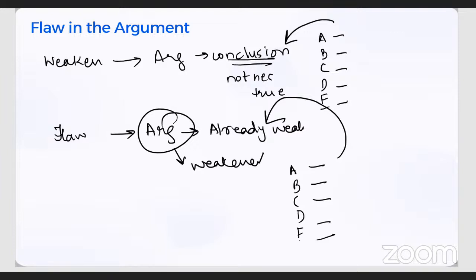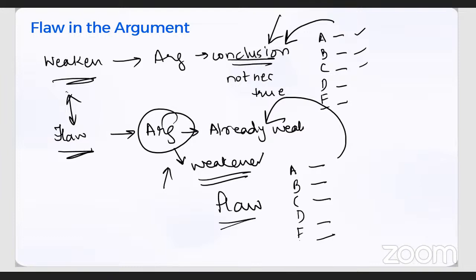That's why I say that a flaw in the argument question is actually the evil twin of a weaken the argument question. In a weaken the argument question, one of the options will weaken the conclusion. In a flaw in the argument question, the argument is already weak. You have to find out which one of the options has presented a flaw, and why the conclusion that has been drawn is already weak.